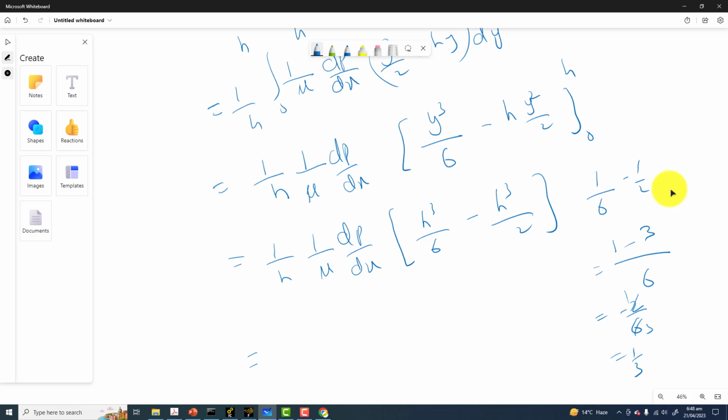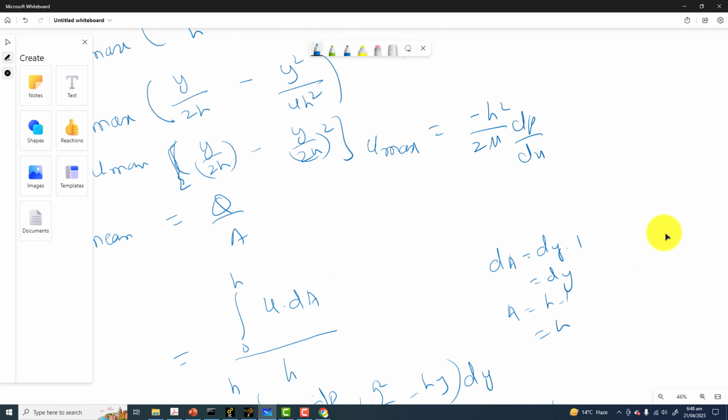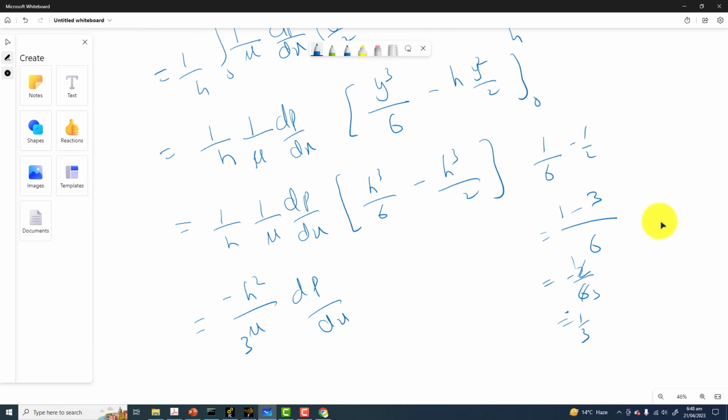And you know this is h power 3, so 1 h is here, this will be h square. So we have minus 1 upon 3, this will be minus h square upon mu dp by dx, and here will be 3. So we have u maximum is equal to minus h square upon 2 mu.